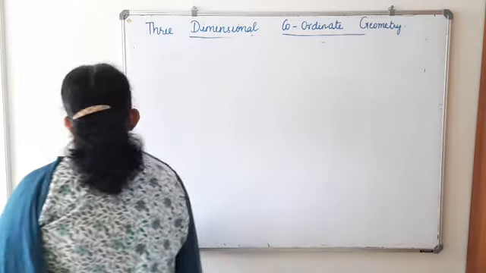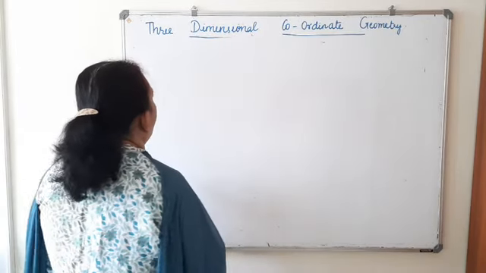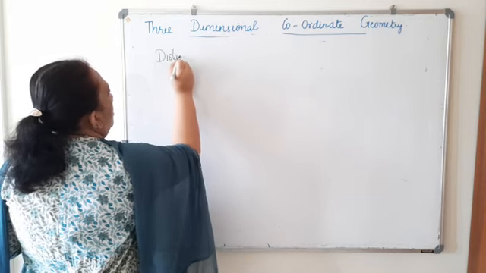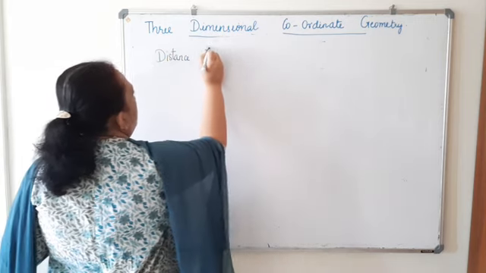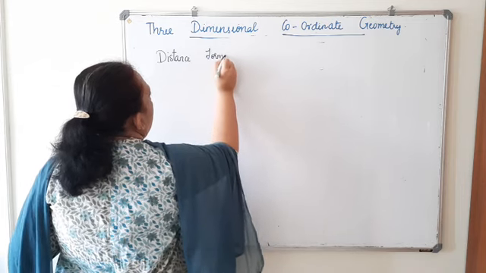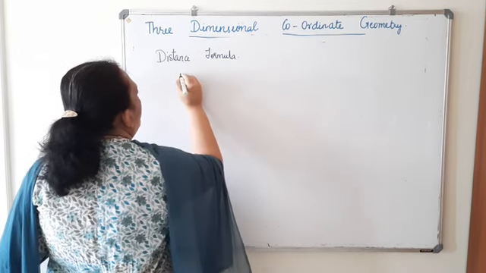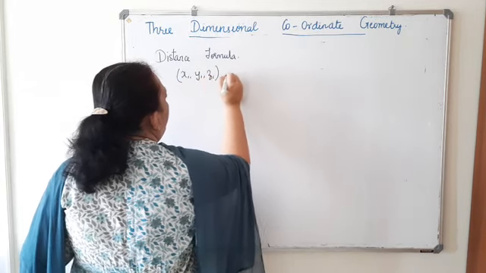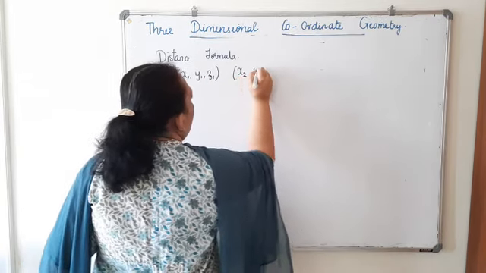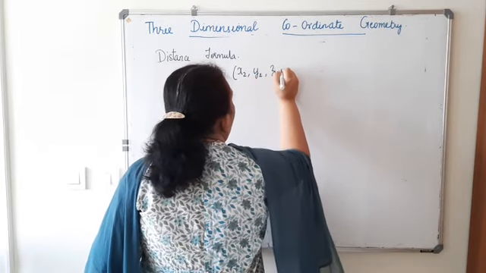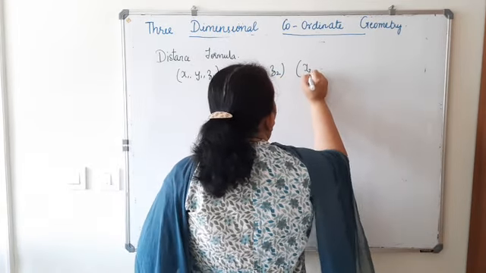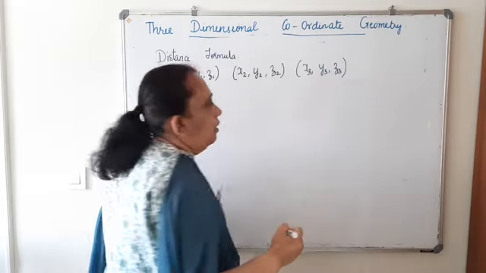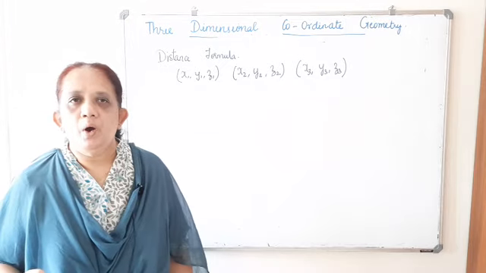The first one is known as the distance formula. Suppose there are 2 points, x1, y1, z1 and x2, y2, z2, because it is a point in space.